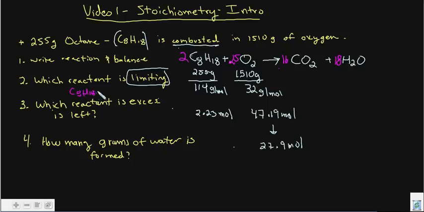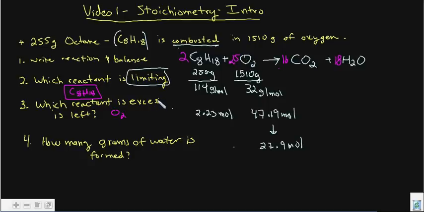That's awesome. So the next question is, which reactant is in excess? Well, we found out that we're going to have too much oxygen. So the O2 is my excess reactant. And then amount left. We'll go ahead and add that. And how much is left?